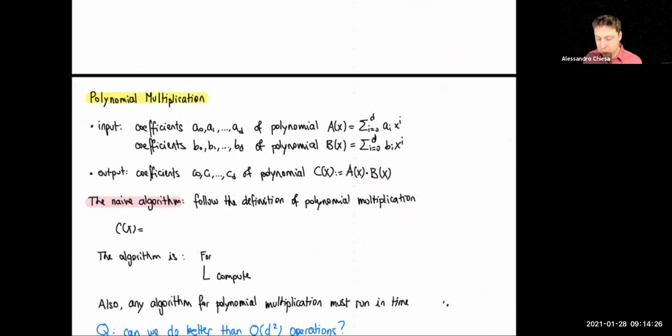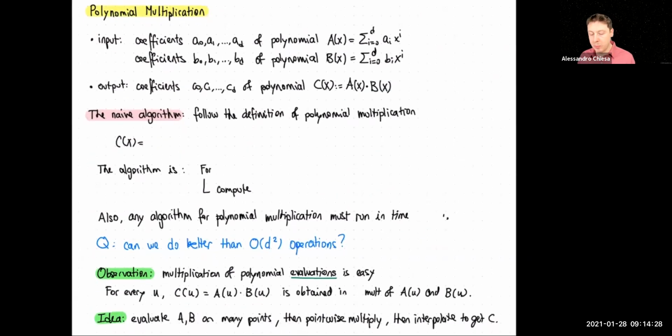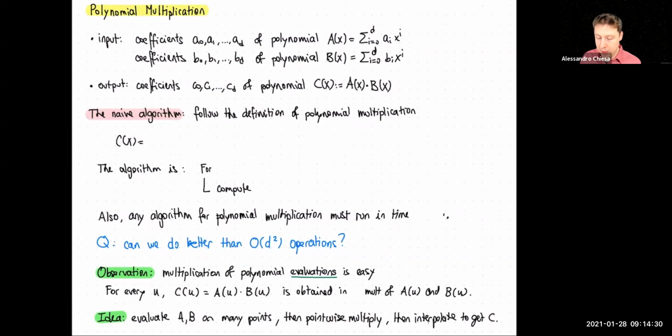So let's review the problem of polynomial multiplication. We are given 2 polynomials. Now we have to agree on how the polynomials are specified for us. So let's say that both polynomials have degree d. So here they are, a of x and b of x. And the input to us, they're presented to us by the list of coefficients.